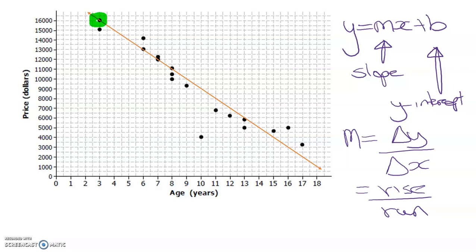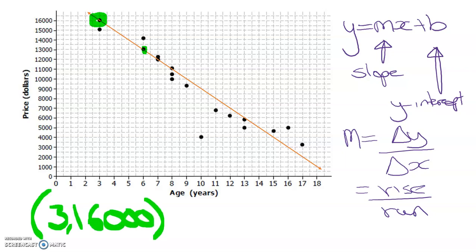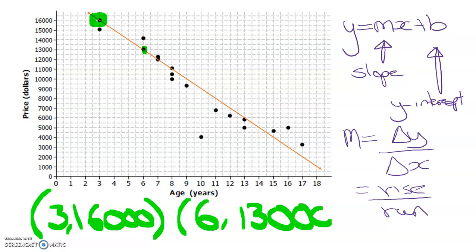So let's try and keep the difference nice and small. Let's go to 6 here and 13,000. So the 2 points I'm using are 3 and 16,000, and 6 and 13,000. So now you could draw a triangle there.